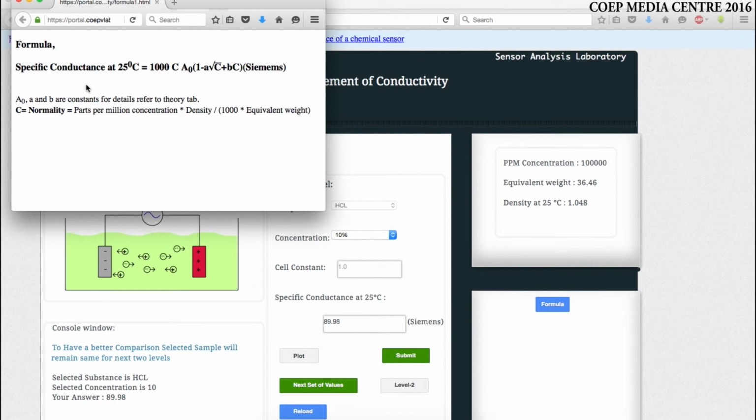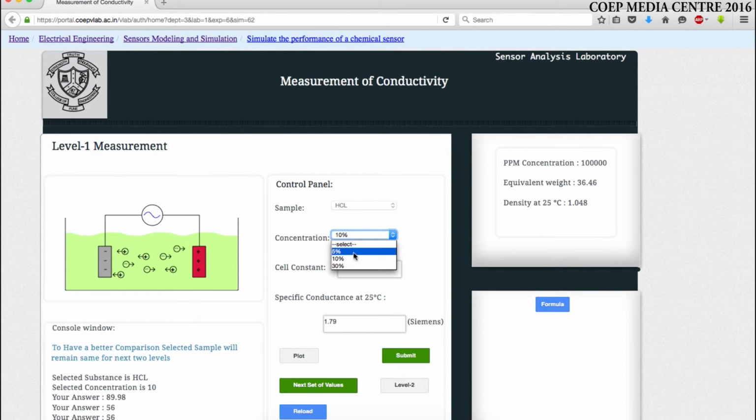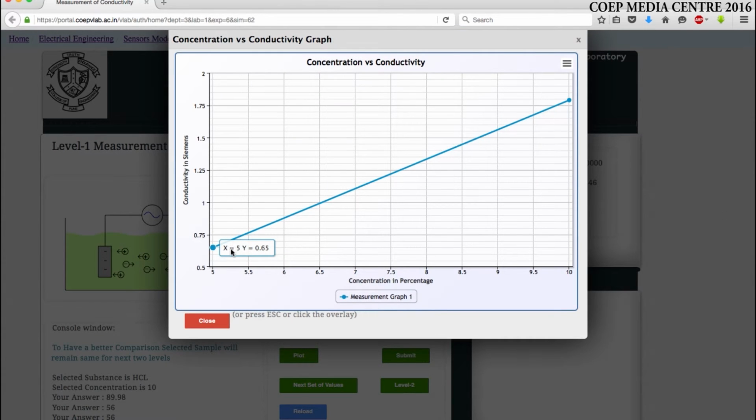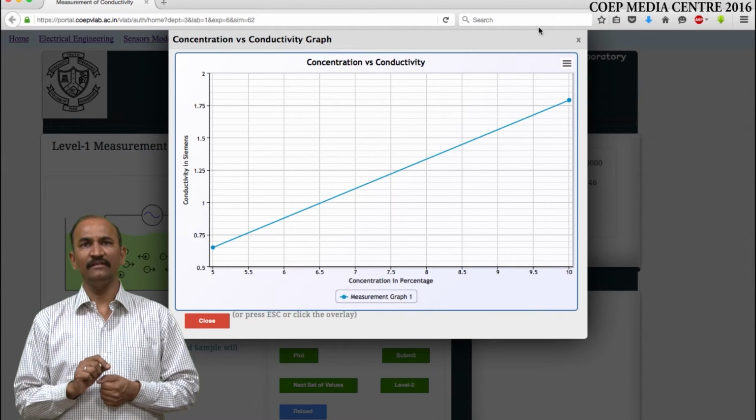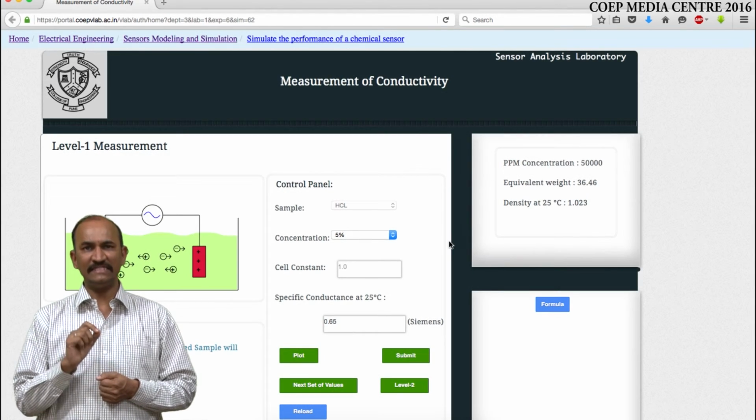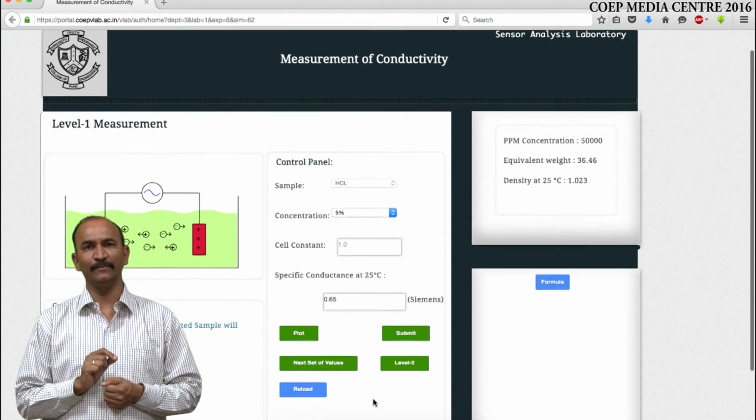So this is the formula for specific conductance at 25 degrees Celsius. You can calculate the output in Siemens. You will select this for 3 sets of readings. Plot the graph. It clearly indicates the relation between concentration in percentage versus conductivity in Siemens. So, in other words, as concentration in percentage is increasing, the conductivity in Siemens is also increasing.